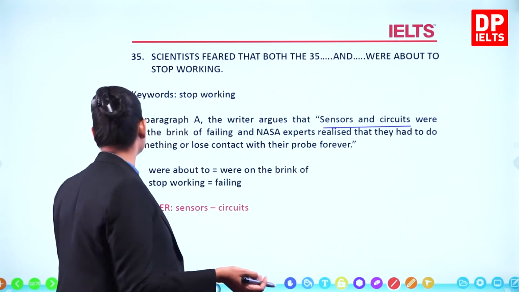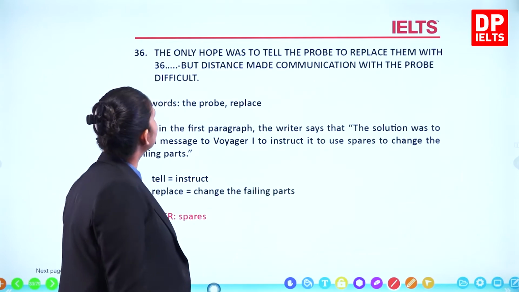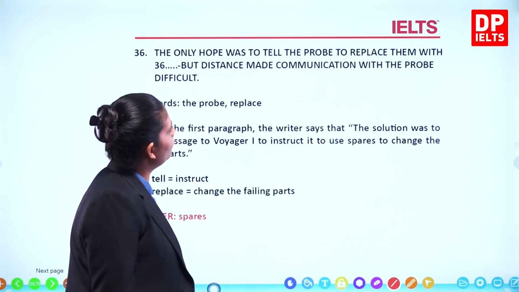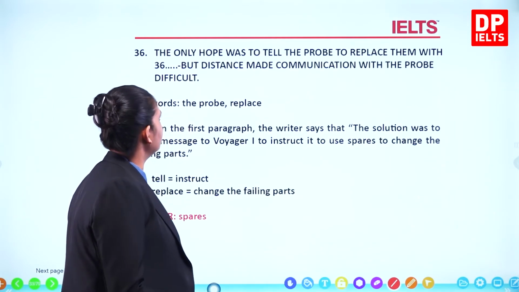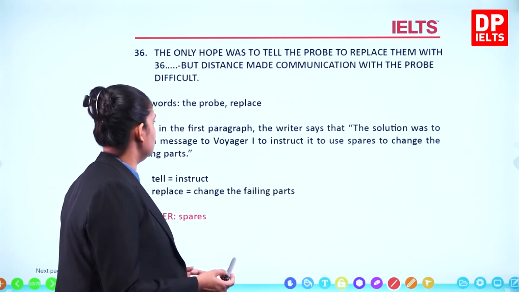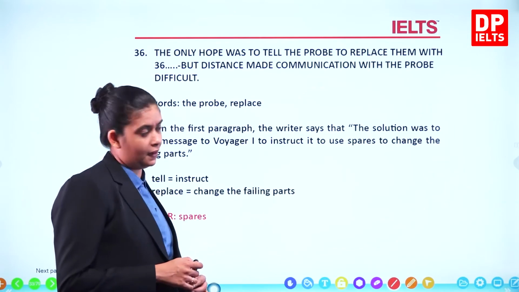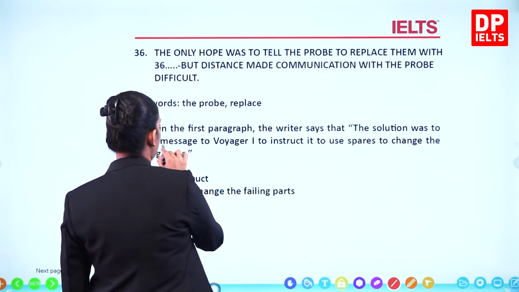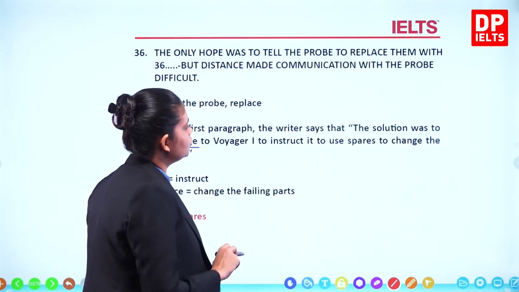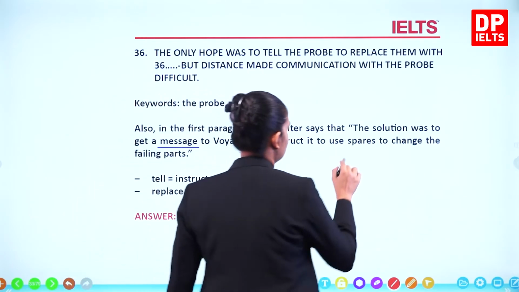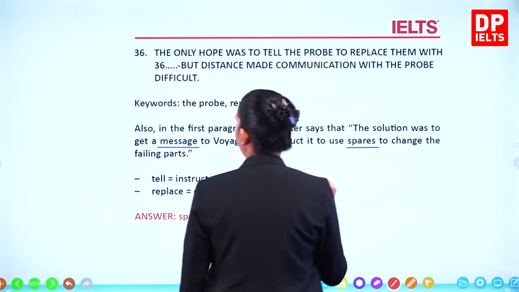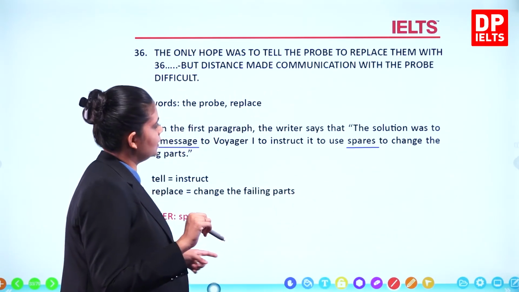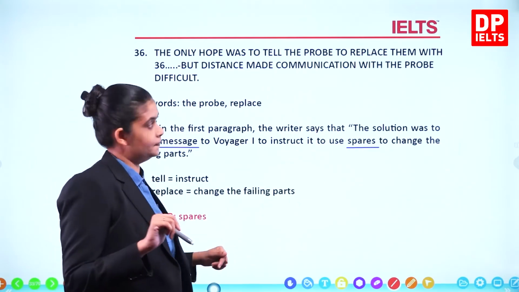Clearly, you have your answers there. 36. The only hope was to tell the probe to replace them with something, but the distance made the communication difficult. Go to the first para. The solution was to get a message to the Voyager to instruct it to use spares to change the failing parts. So what did they have to replace them with? Spares.